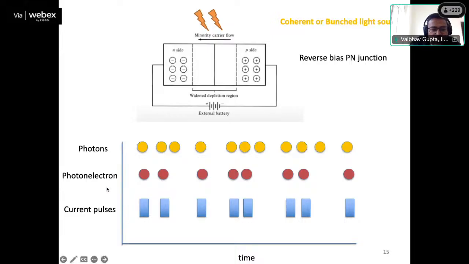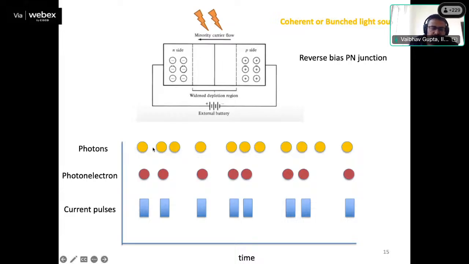Once a photoelectron is generated, each one gives some current pulse. Corresponding to each electron-hole pair generated, you get a current pulse. But this current has fluctuation due to the photon fluctuation. The incoming photons themselves have a Poissonian distribution.